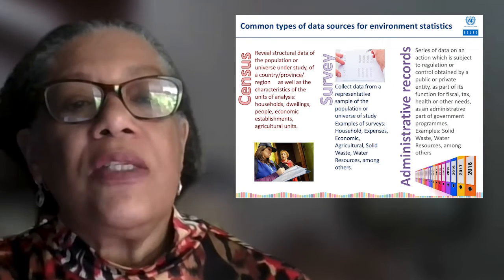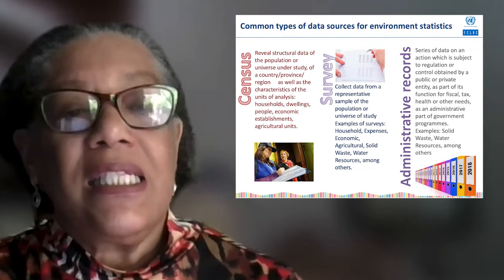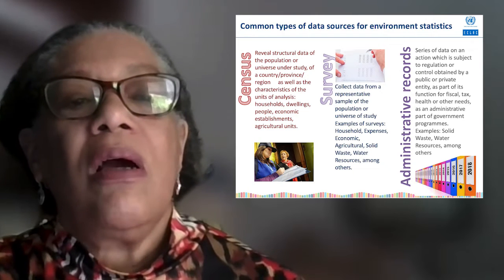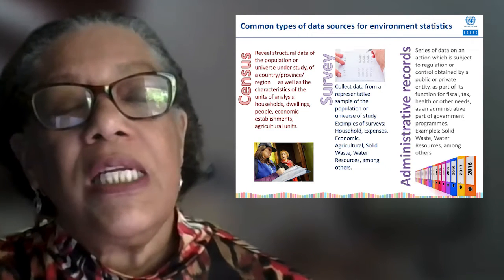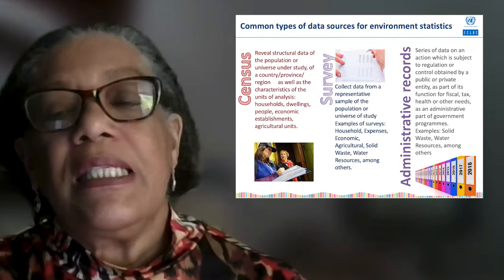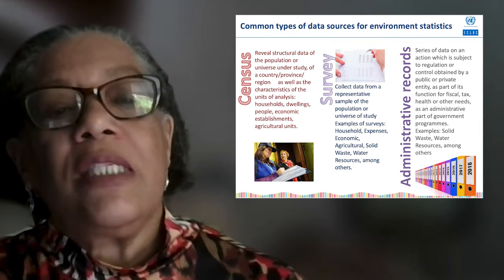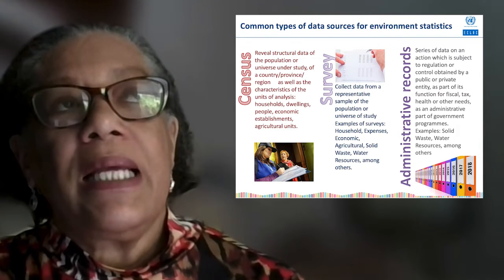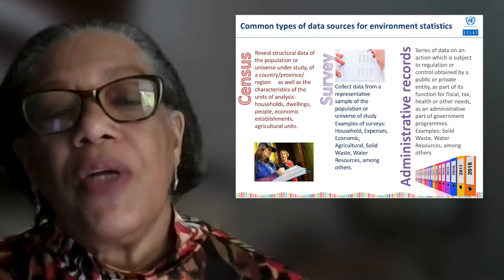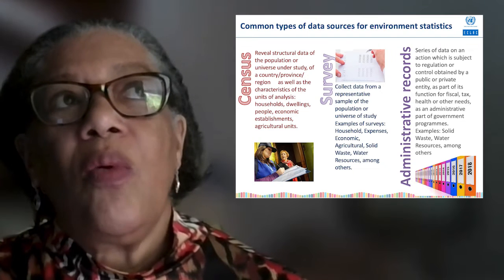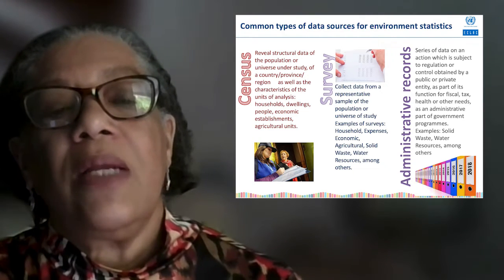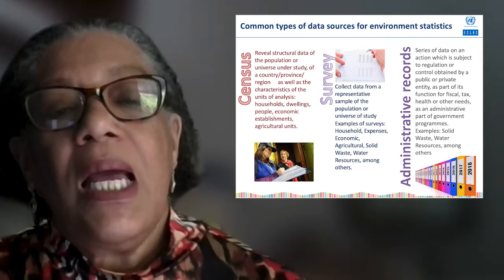Using surveys, we collect data from a representative sample of the population or a universe of study. And examples of these types of surveys are on households, household expenses, economic establishments, agricultural entities, and also on solid waste and water resources.